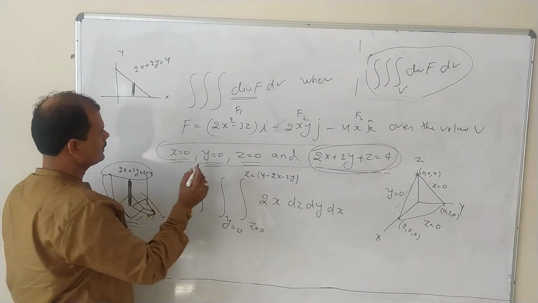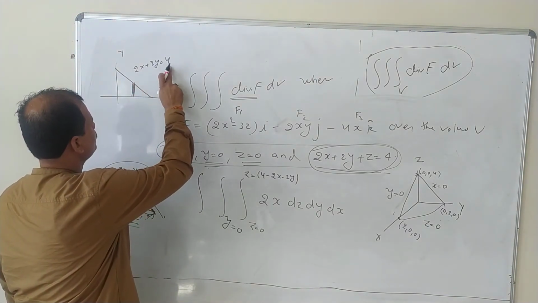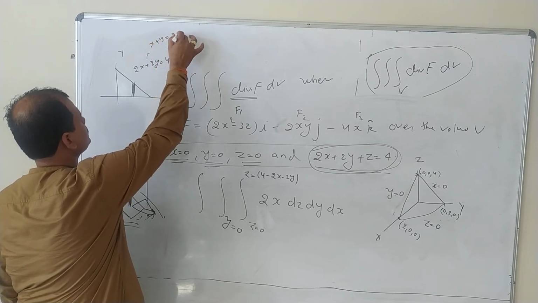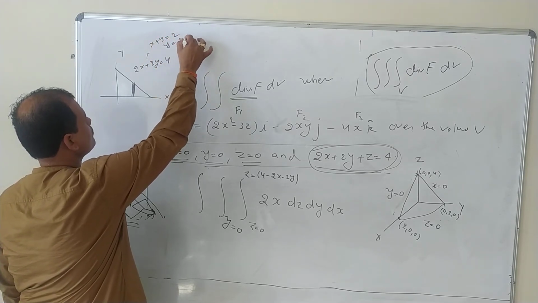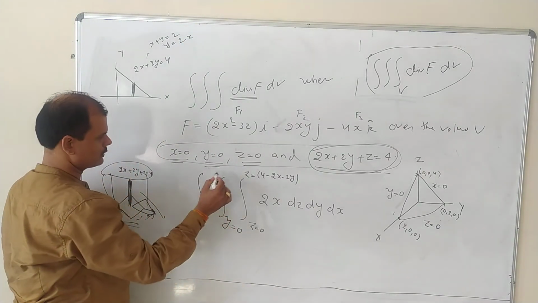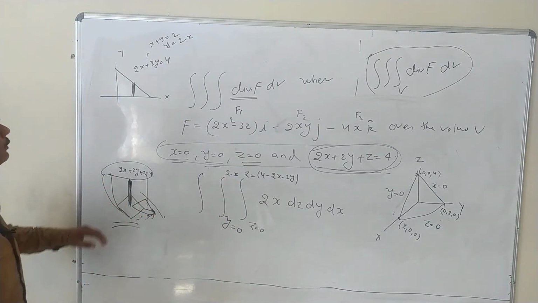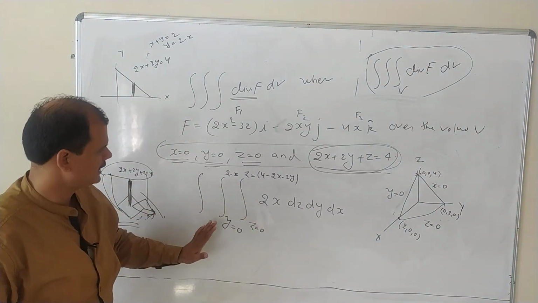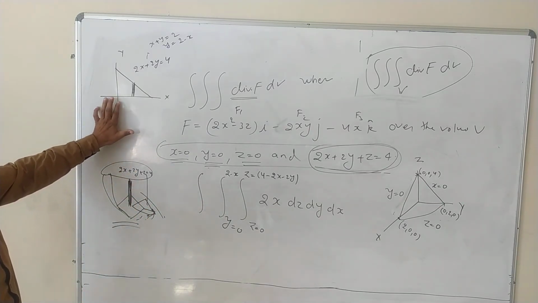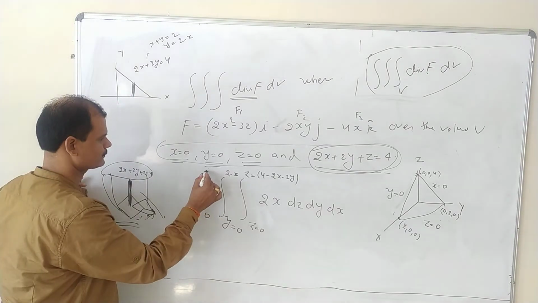Or we can say x plus y equal to 2, so your y limit will be 2 minus x, so y equal to 0 to 2 minus x. Now once you complete the z limit and y limit, come on the x axis for the x limit, so x equal to 0 to 2.